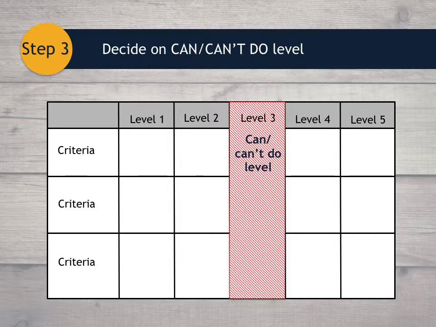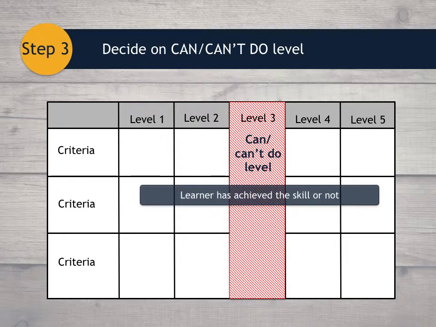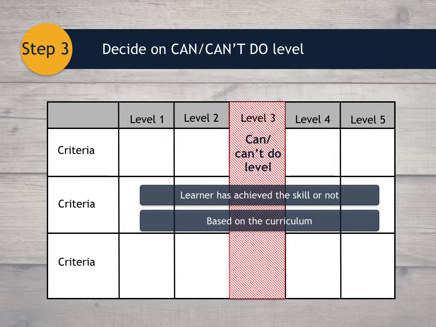So what guidance can we use for the can and can't level? Well, the first is, has the learner achieved the skill or not? Are they able to do it? The next is, this is what the curriculum is based on. So if they say a learner needs to be able to count to 10, counting to 10 means that they can do it or they can't do it. That is level 3.